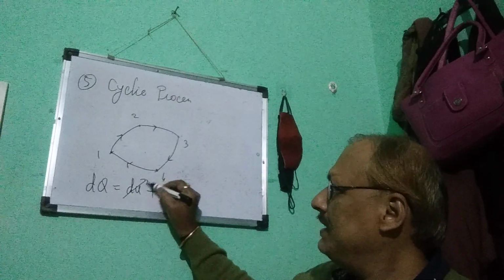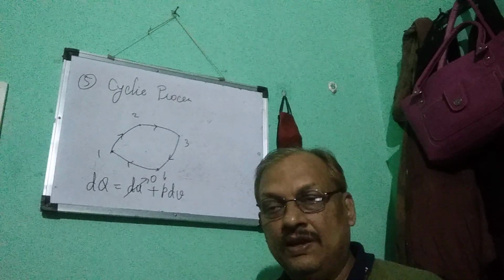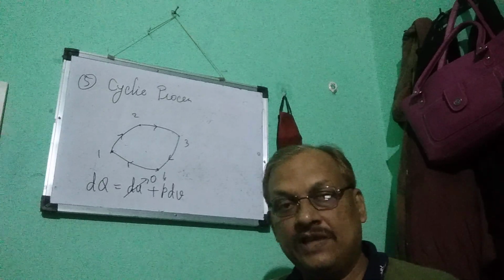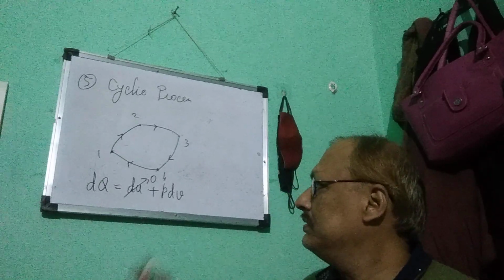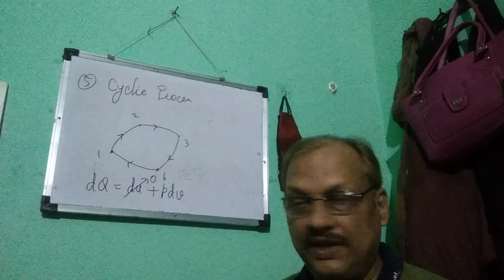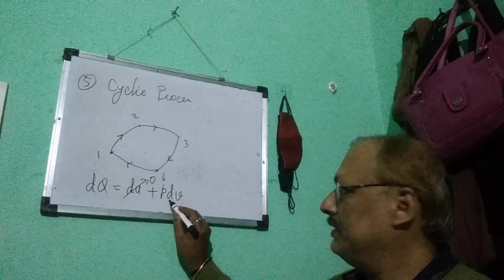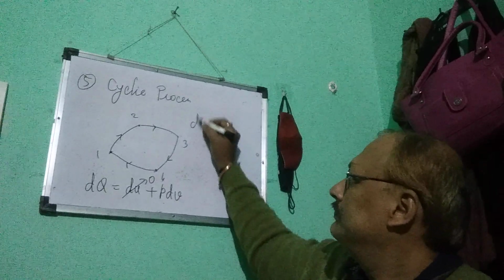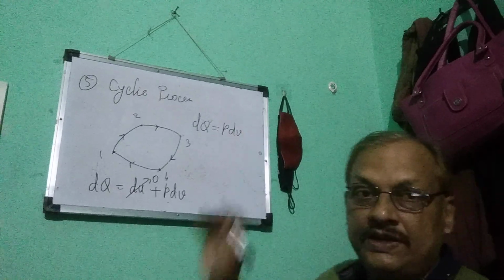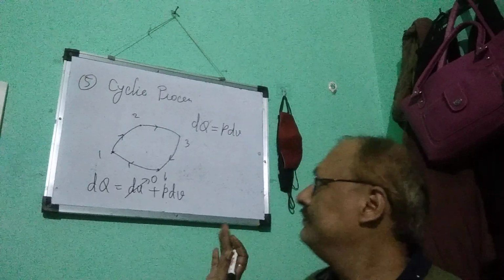So du will be 0 in the case of a cyclic process, because points are repeating. Initial and final are the same, so there will be no net change of internal energy. So dq = pdv, meaning all heat transfer will be equal to pdv work.